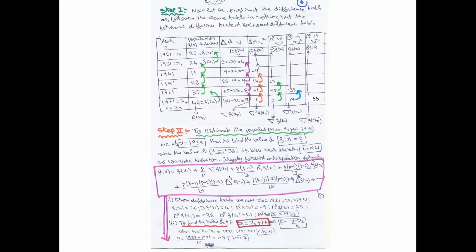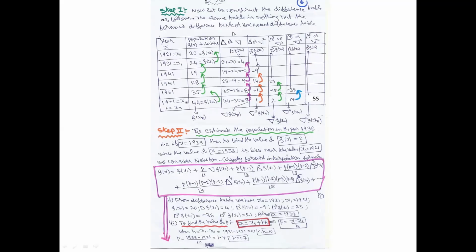Let us see how to construct the difference table. Now observe the cursor. There are two types of difference table: forward difference table and backward difference table.